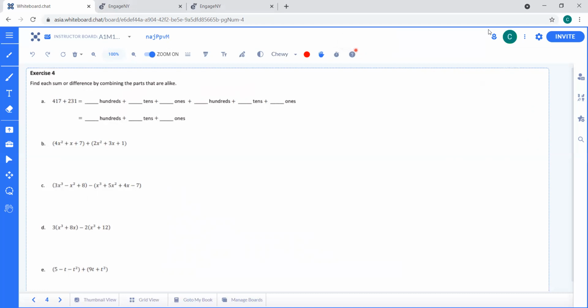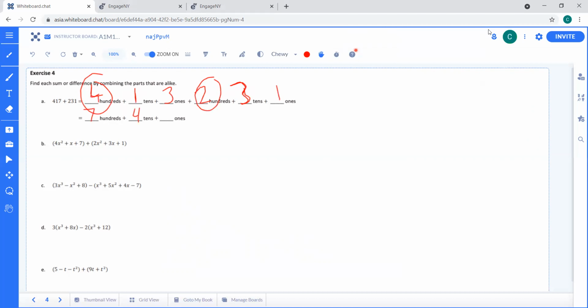Let's look at these. How many hundreds do we have? That'll be 4 hundreds, 1 ten, 3 ones plus 2 hundreds plus 3 tens plus 1 one. And so we'd have to combine our hundreds. So that's 700.